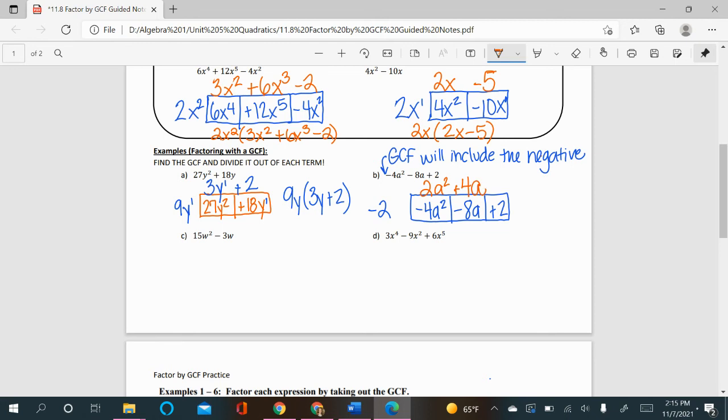And then something times the -2 that will give me a +2 will be a -1. And so that would be written as -2 times 2a squared plus 4a minus 1.